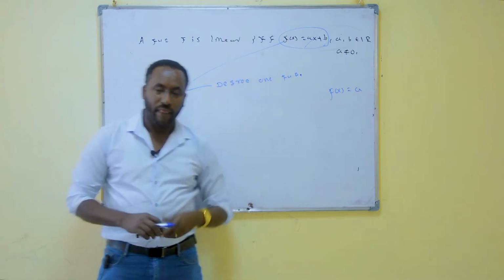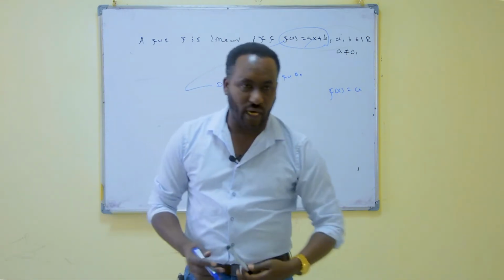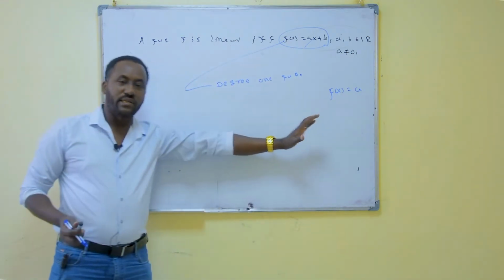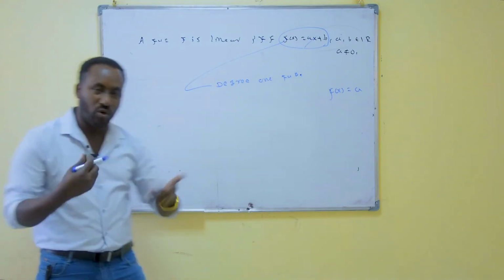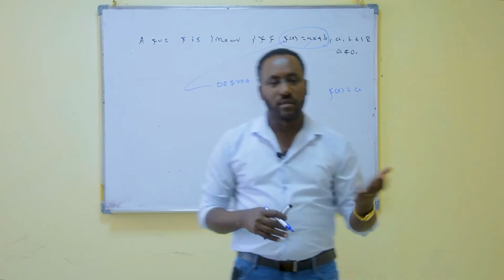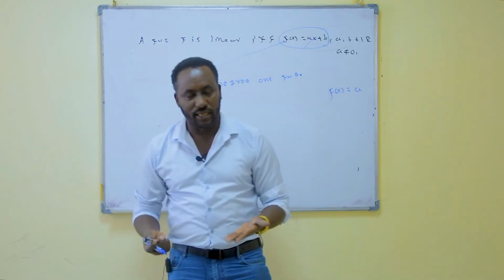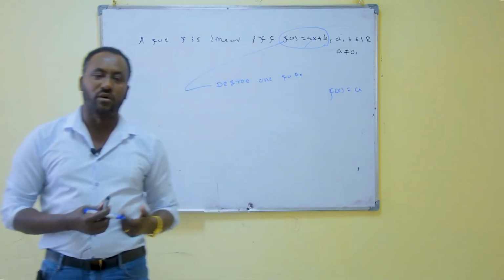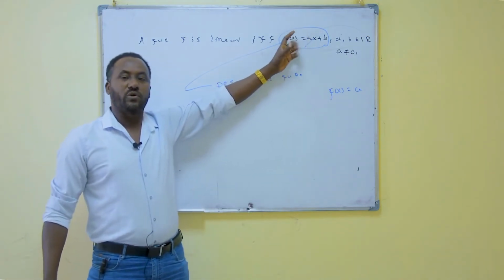The graph of any linear function crosses the x-axis once, so we call this a degree 1 function. So if a function is linear, we say it is degree 1, because its graph crosses the x-axis only at a point.